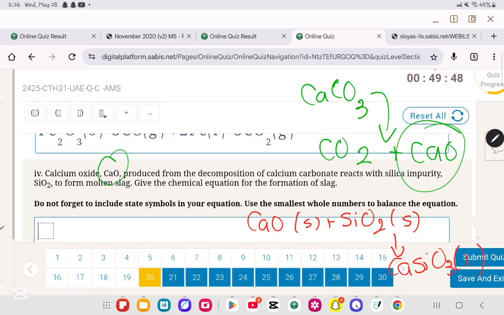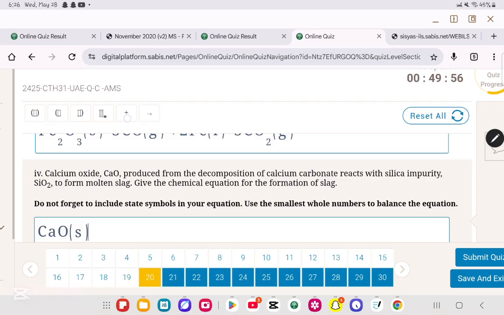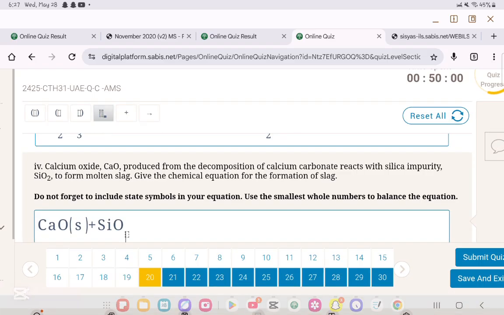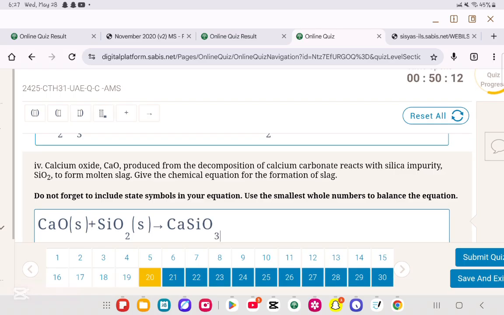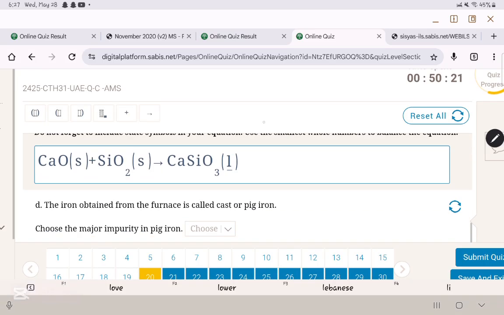Now slag is a sticky liquid, so you'll have to put L, not S. So CaO, solid, will react with SiO2, which is also a solid, to form the combination, which is slag. You just put them together, so it's going to be CaSiO3, and it is a liquid. So we move on to part D.